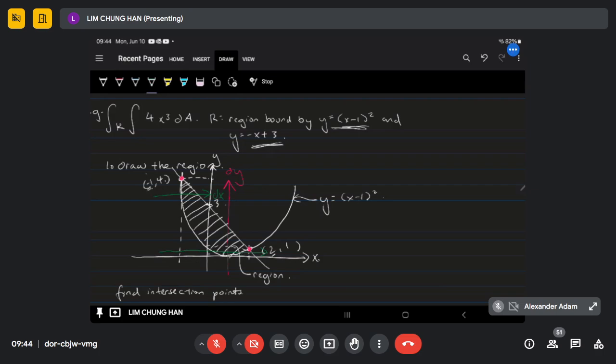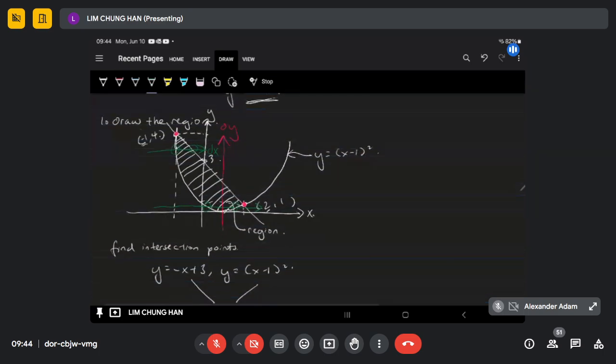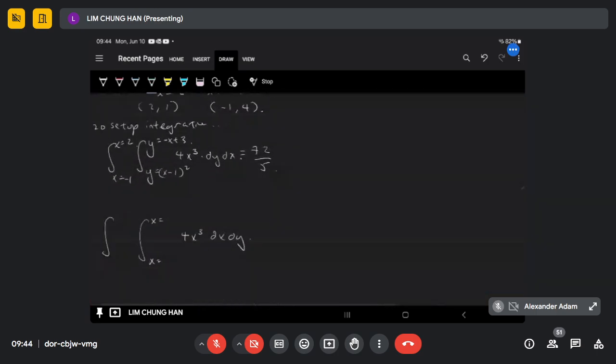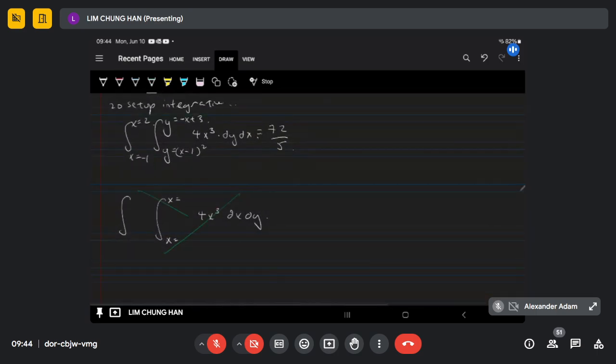Hit parabola again. At the top, I hit parabola and then I hit straight line. So what does that mean? You cannot do this. This doesn't work. Okay? Everyone understand why I cannot do dx first?